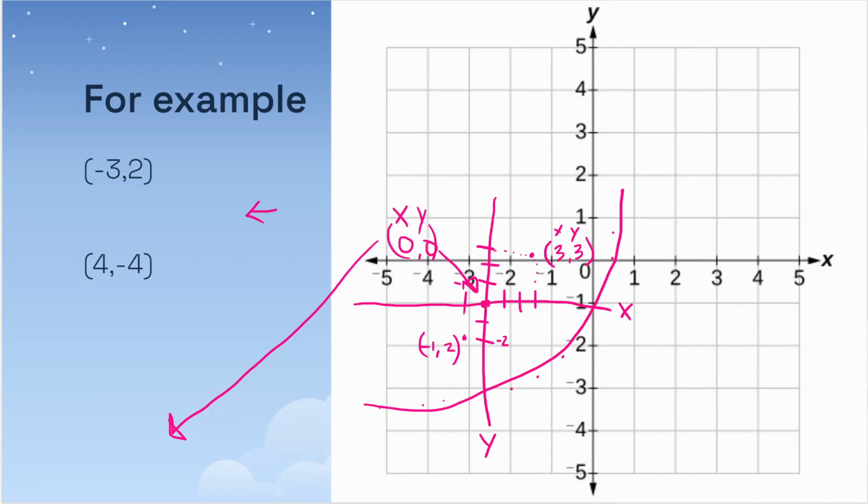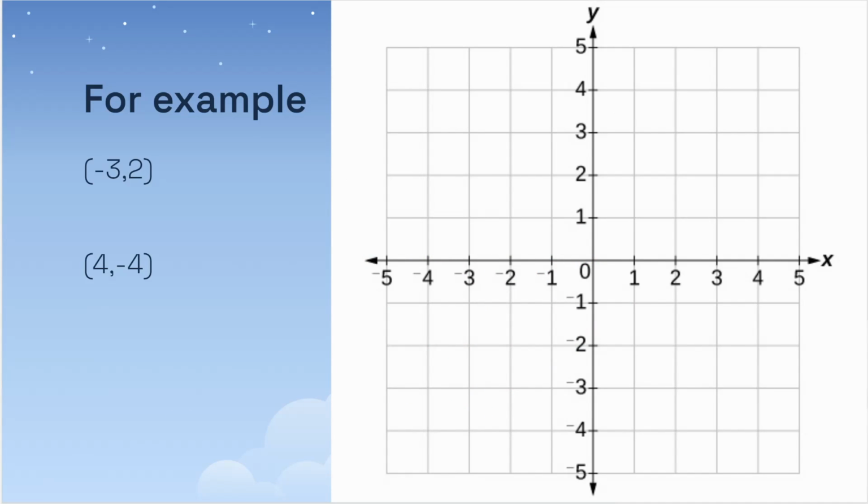Let's look at some examples. -3, 2. The -3 is the x-coordinate. The 2 is the y-coordinate. So -3 would be right here, and 2 would be right here.